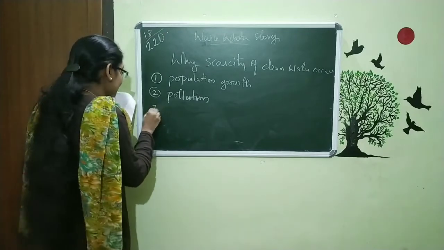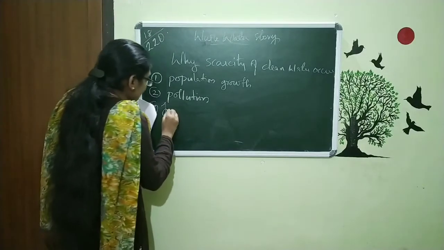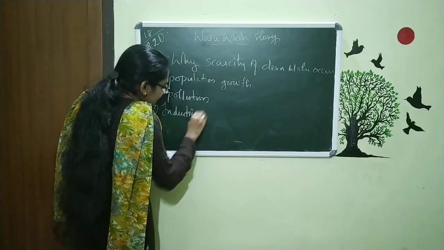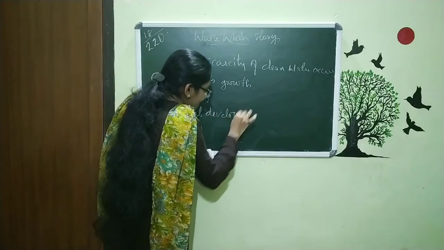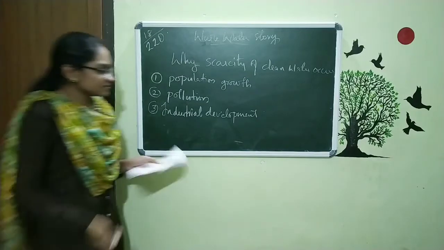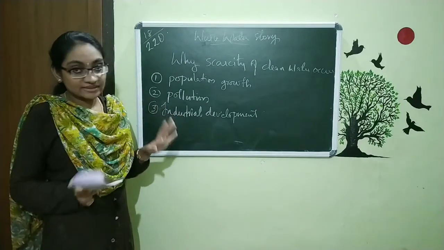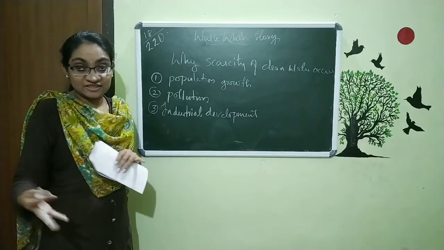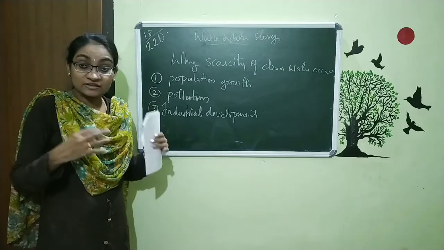Next, the third point is industrial development. Development means our industries. In the olden days there were no industries, but later we invented wheels, industries, machines, like all the things, and they are working continuously, and that makes our work very easy.